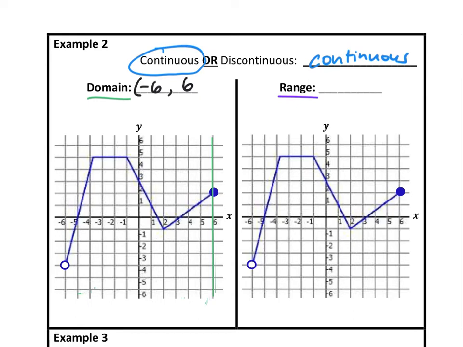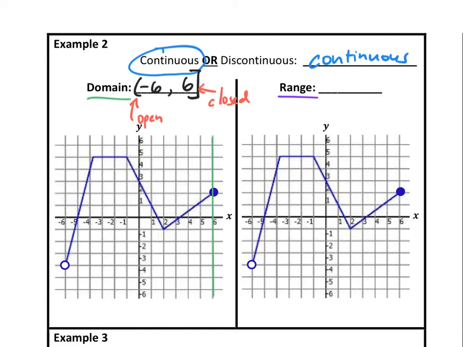And I'm going to put a bracket because the circle is closed. So on -6 over here, I put a parentheses because it's open. So I'm going to put a reminder there that I put parentheses because it's open. And here I put a bracket because it's closed. Okay? So just to remind me on that point.